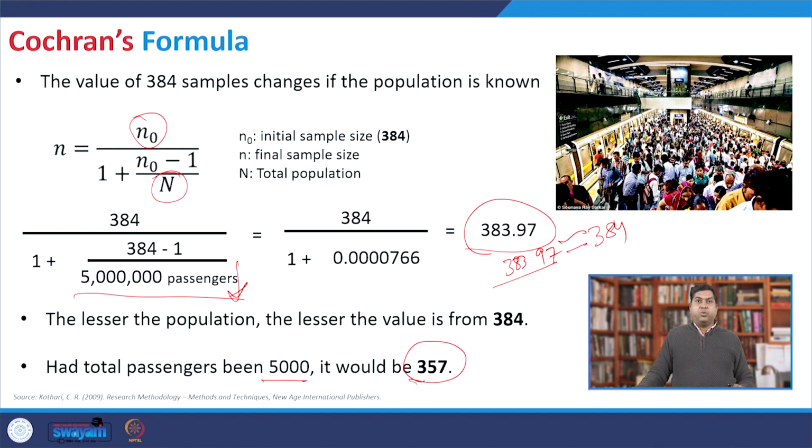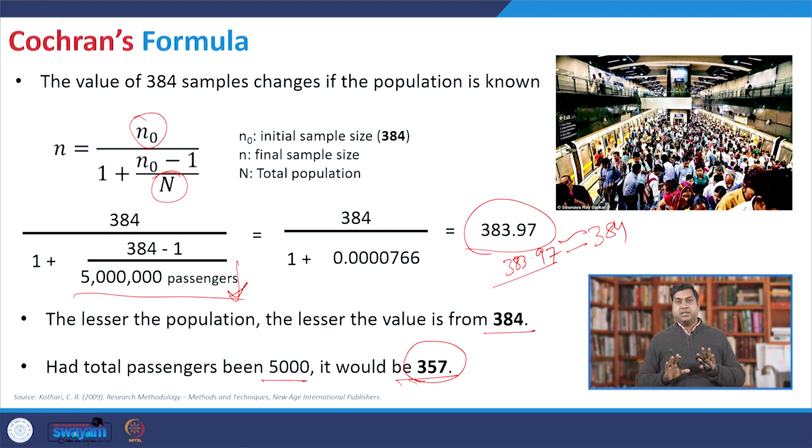In that case what could be the sample size? For 5, if you apply this formula, probably it will give you 3 or 3.5. But when you increase it to 50, it is not directly proportionate, it is not in that same ratio.